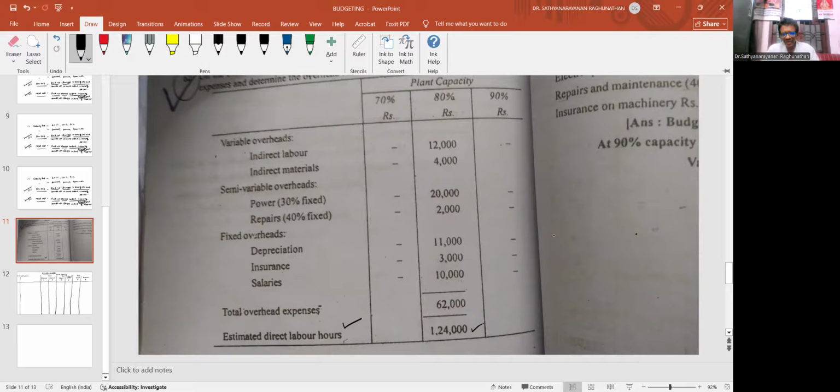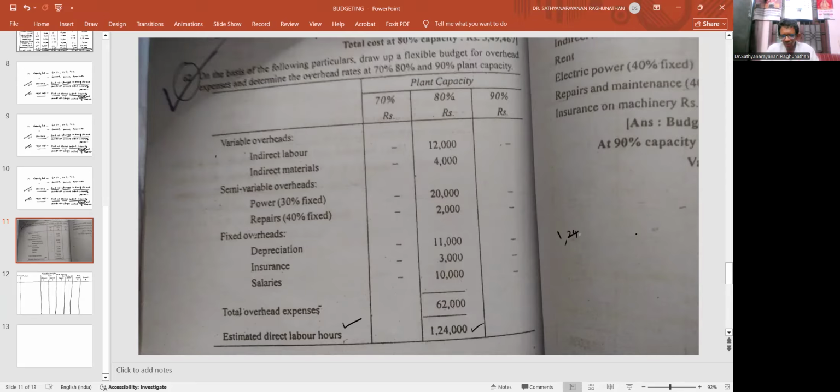Now, we have kept 80% capacity as a base. In such a situation, 1,24,000 into, if we want to calculate the estimated direct labor hours for 70%, whatever is required, you have to put it in the numerator.